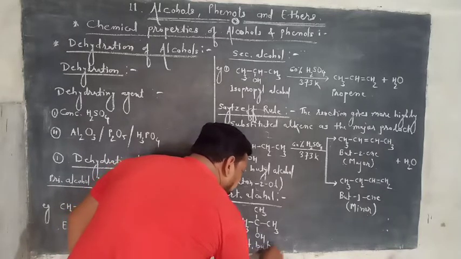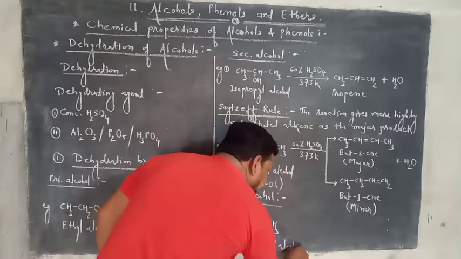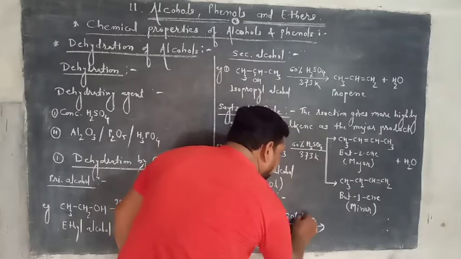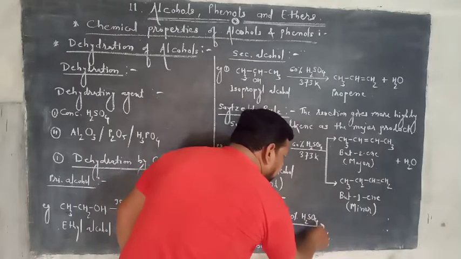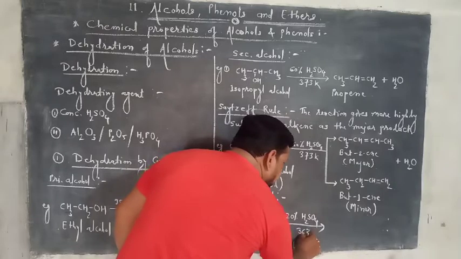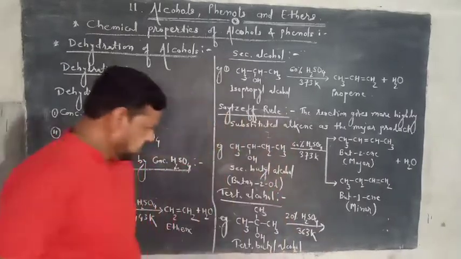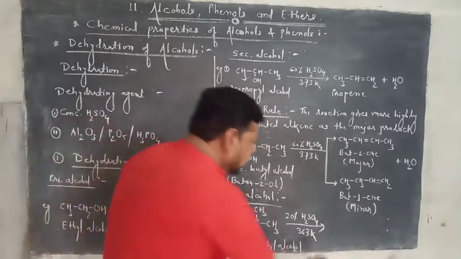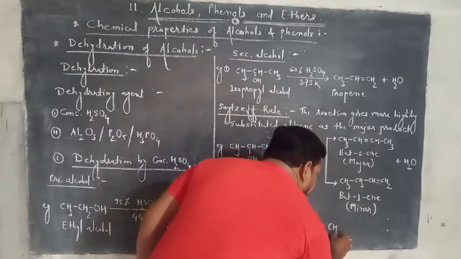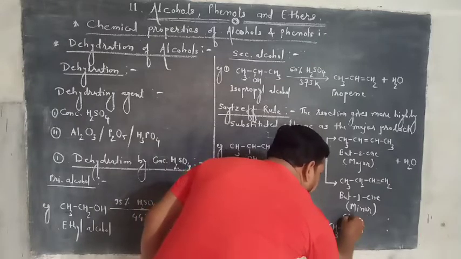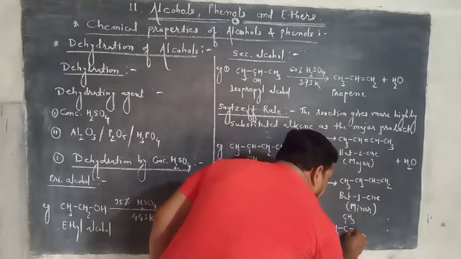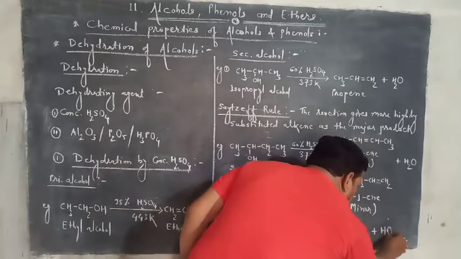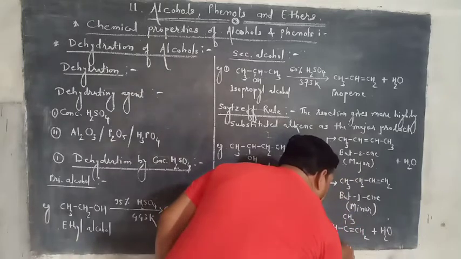Tertiary butyl alcohol is heated with 20% sulfuric acid at 363 Kelvin temperature. Then it gives the product isobutylene, (CH3)2C=CH2, and water. This is isobutylene.